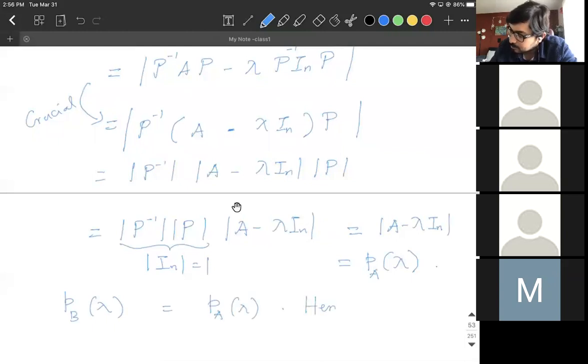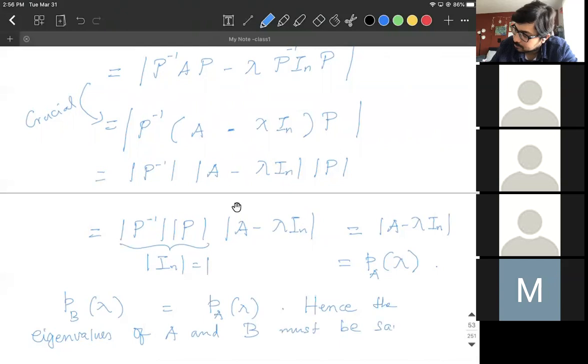Hence the roots, or let's just write the eigenvalues, of A and B must be the same.